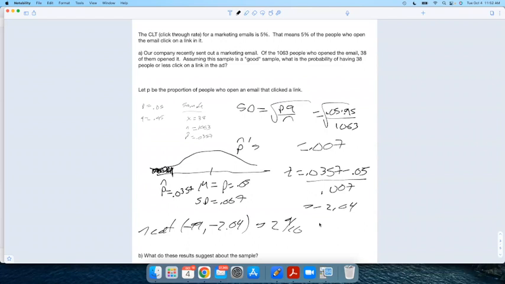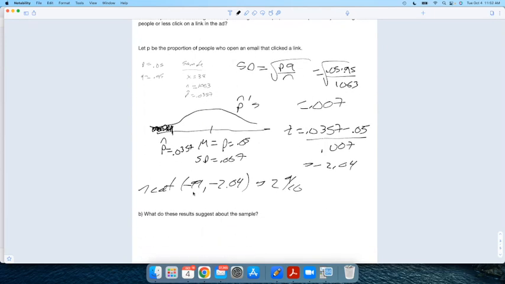So what this says is, if you go out and do millions and millions of samples of size 1063, 2% of those samples will have click-through rates less than what I got, 3.57%. So what's that suggest about the sample? 2% is a small number. That means there's probably something wrong with the sample.